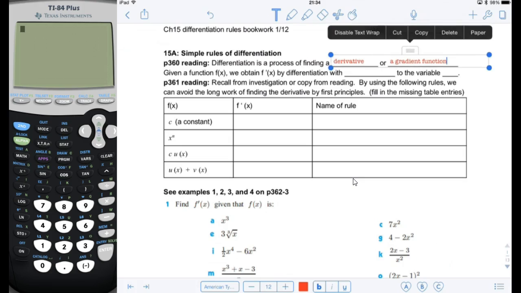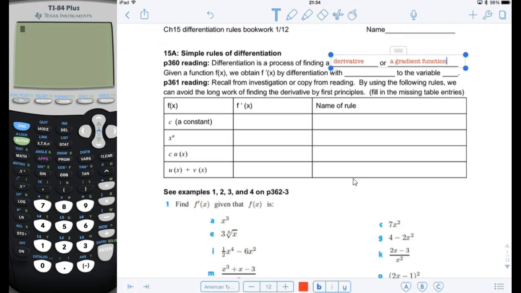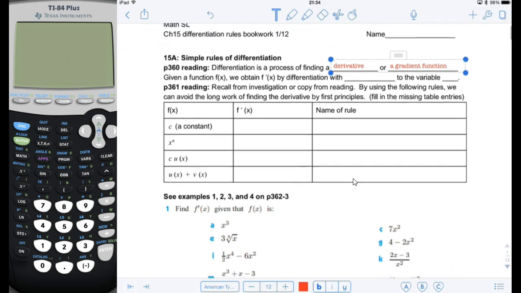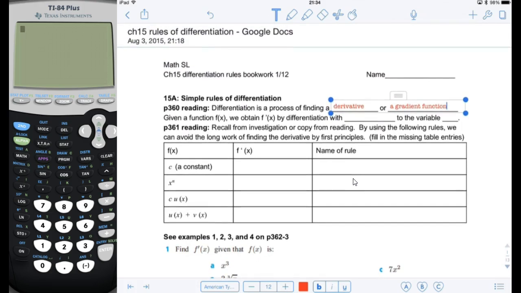Okay, remember that from the previous unit. Given a function f of x, we obtain f dashed x by differentiation with respect to the variable x.